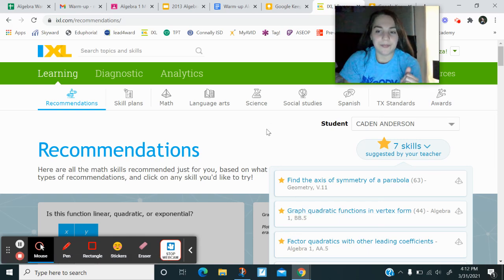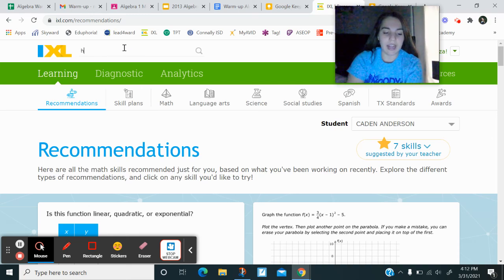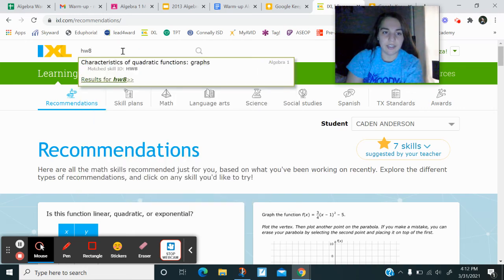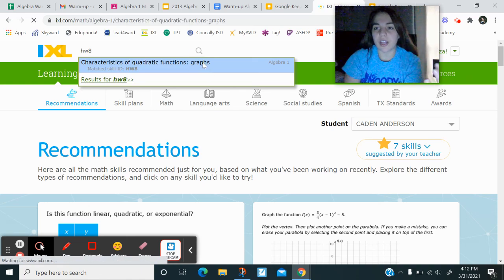So I need everybody to know that you are going to find this IXL assignment, HW8. HW8 is characteristics of a quadratic function, graphs. Click it. You are working on this.